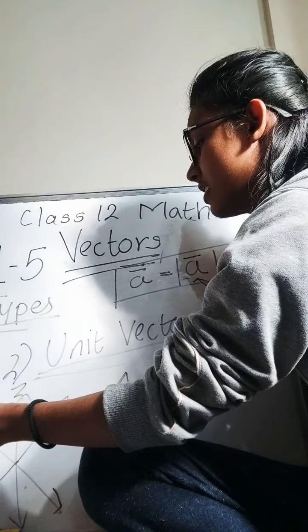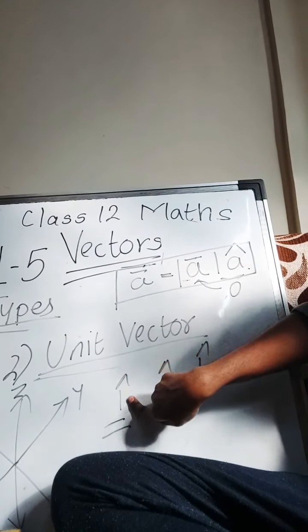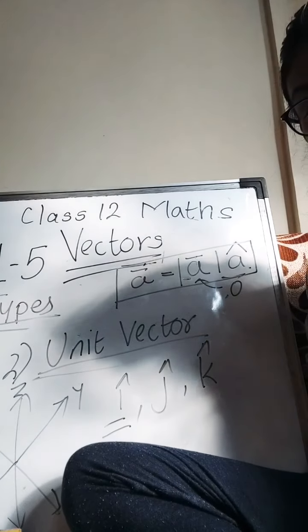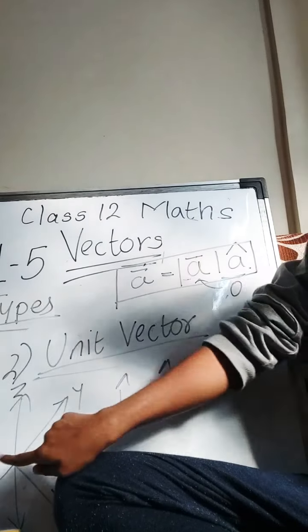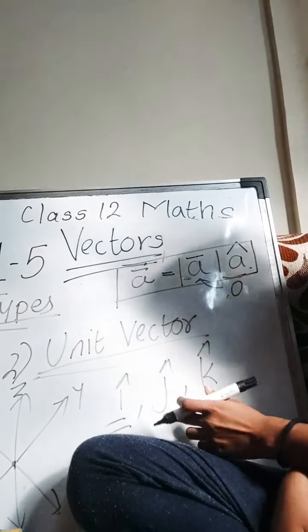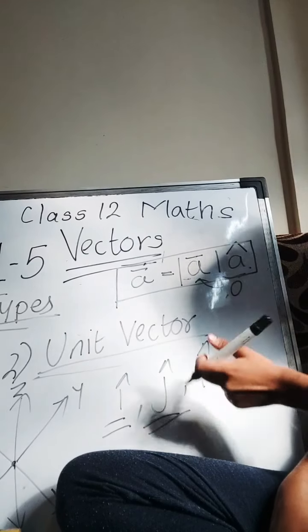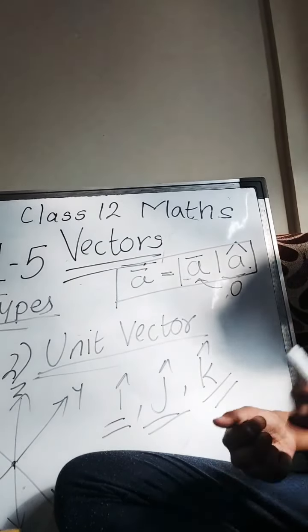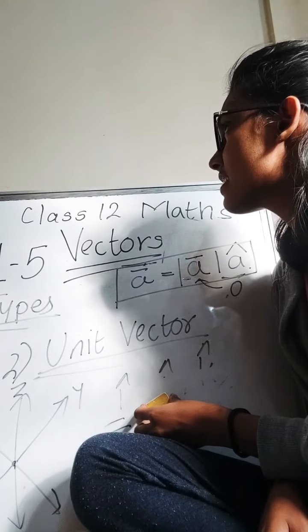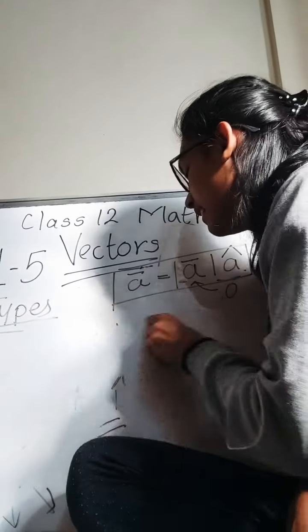So I cap is the unit vector in x axis, j cap is the unit vector in y axis, and k cap is the unit vector in z axis. Okay? Anything else I need to tell you in this? I guess no. If any, I'll tell you later.